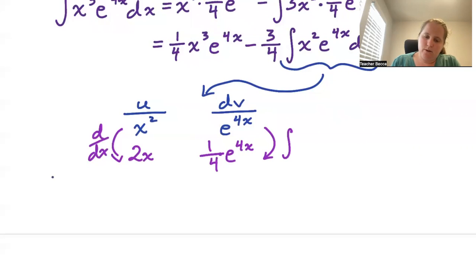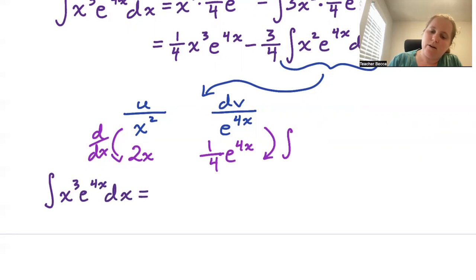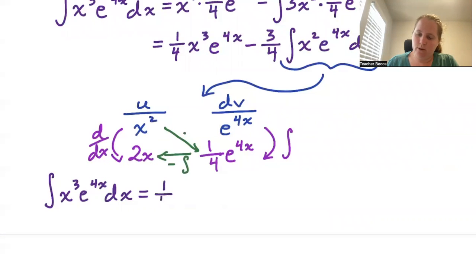So our integral of x cubed e to the 4x dx, we now have, we do product on the first diagonal, subtract integral of the product on the bottom row. We keep our 1/4 x cubed e to the 4x that we already had.